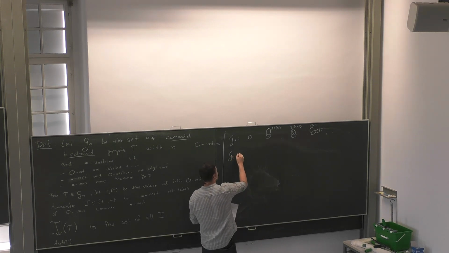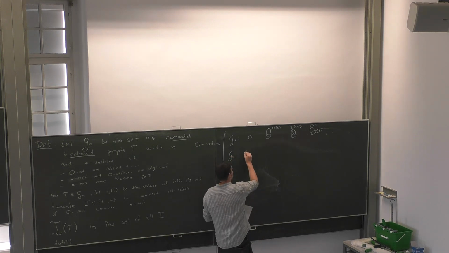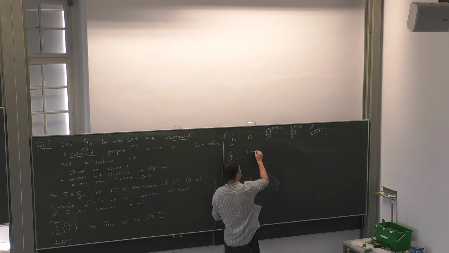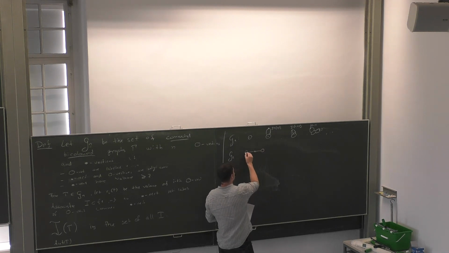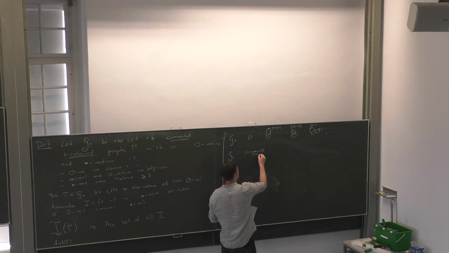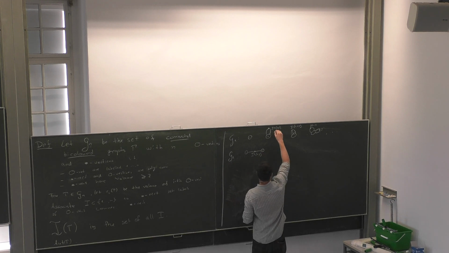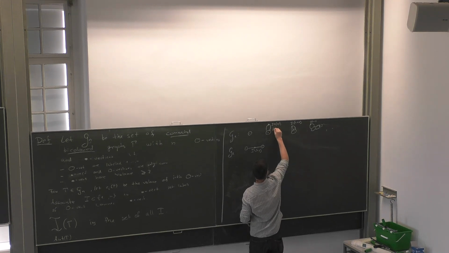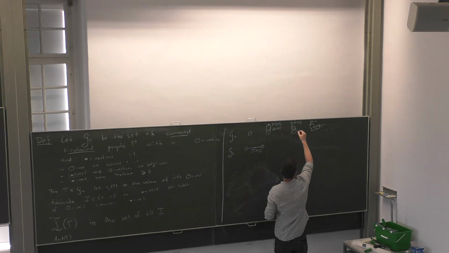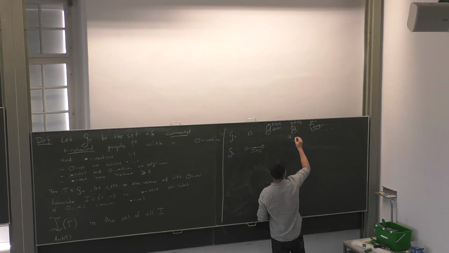Then G_2 starts with this graph, 1, 2. Here the set I is {1,2}. Maybe I should also mention, the automorphism group of this graph has order 2: there are 2 automorphisms, the trivial one and the other one swapping these 2 edges.